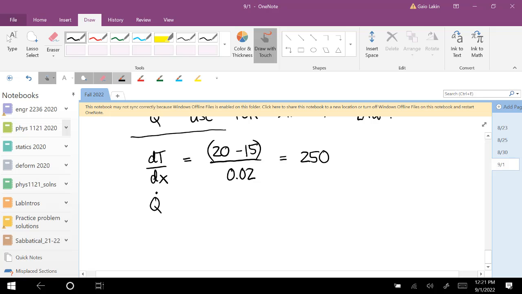And so Q dot is equal to negative 1.05 times the cross-sectional area, 1 times 1 is just 1, times 250. And so you get an answer of negative 262.5 joules per second.